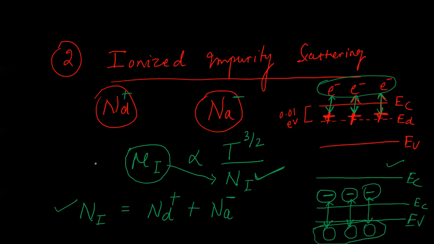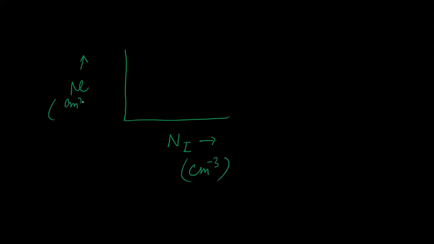Similarly, a graph can be plotted between the total impurity concentration, Nd plus plus Na minus, considering both dopant atoms, and the mobility. The concentration is per centimeter cube, and the mobility unit is centimeter square per volt second. The nature of the graph is something like this.